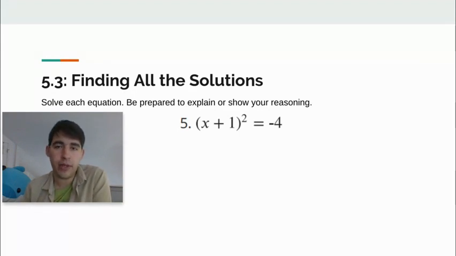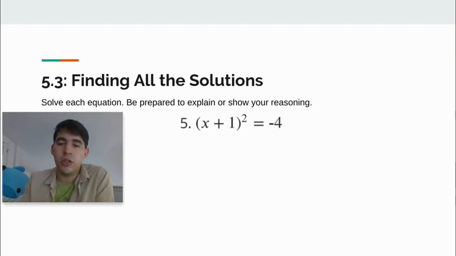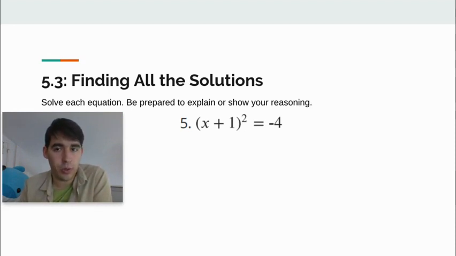Whether it's a positive number times a positive number, you get positive. If it's a negative number times a negative number, you get positive. So it's not possible to square something and get a negative result. Not on the real number line, that is. You might be able to say right away that there's actually no real solutions to this equation.